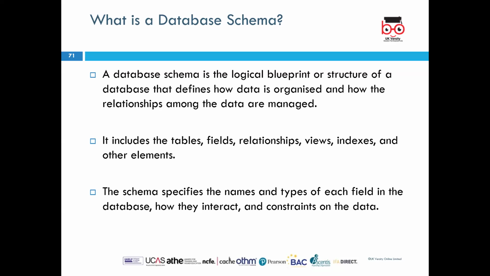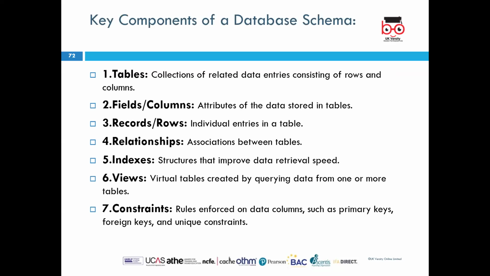A schema includes tables, fields, relationships, views, indexes, and other elements. The key concepts of our schema are tables, fields or columns, records or rows, relationships, indexing, views, and constraints.